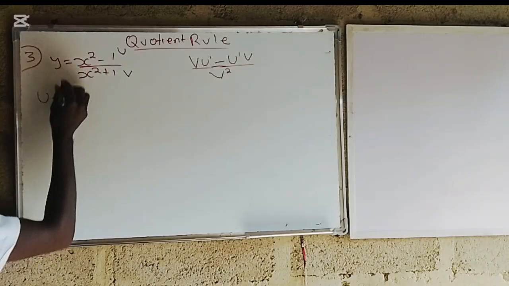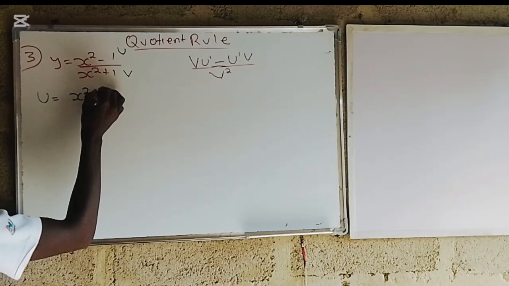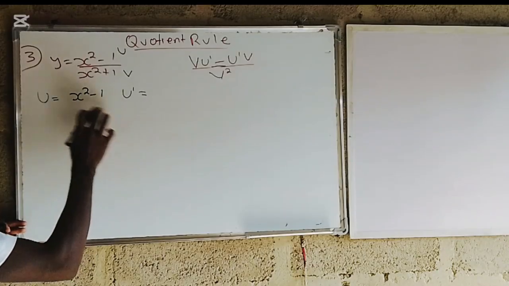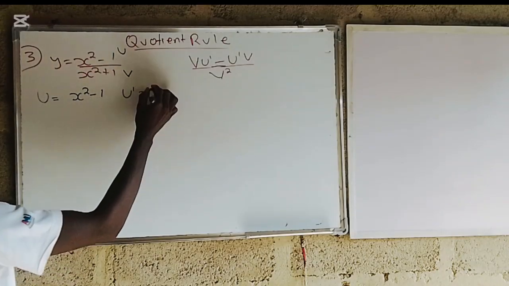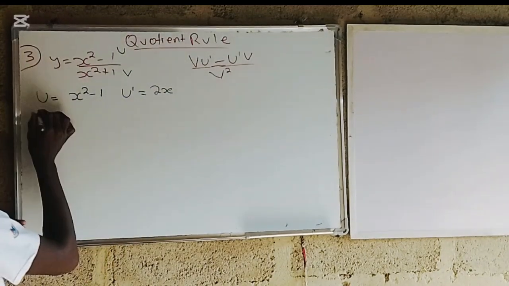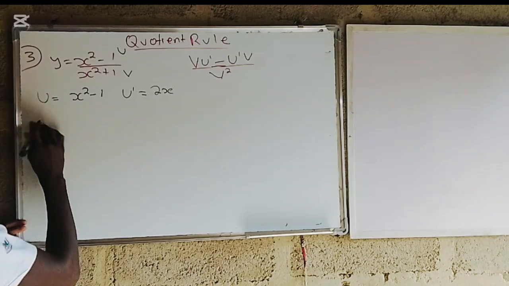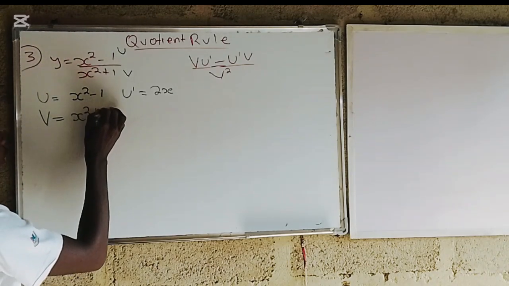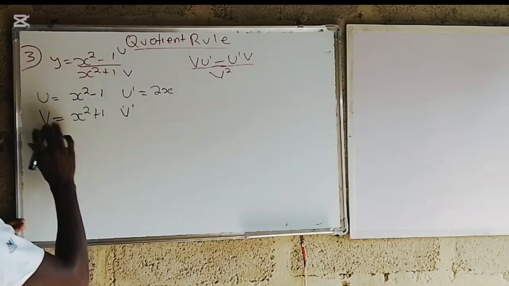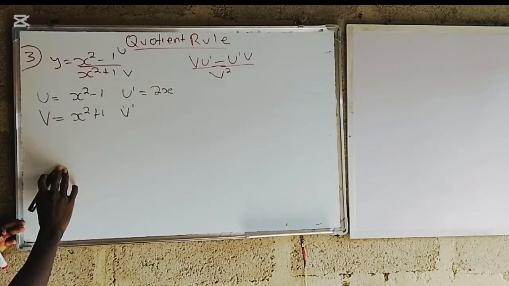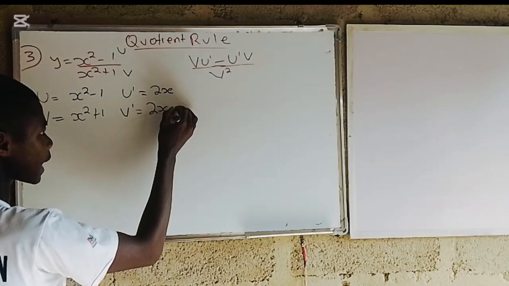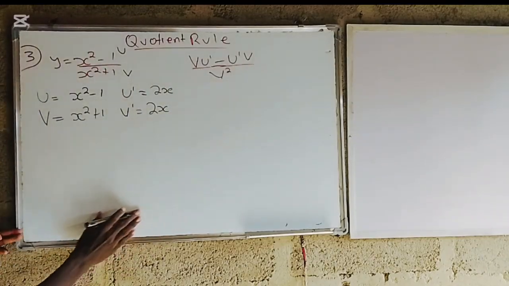So u is x squared minus 1, and u prime is du by dx, the derivative of this. Differentiate this, you get 2x. Therefore v is x squared plus 1, and v prime, dv by dx, I'll get 2x again, and the constant 0.